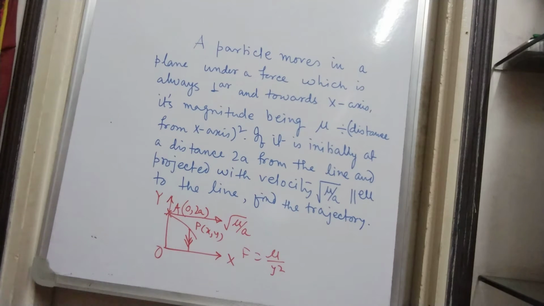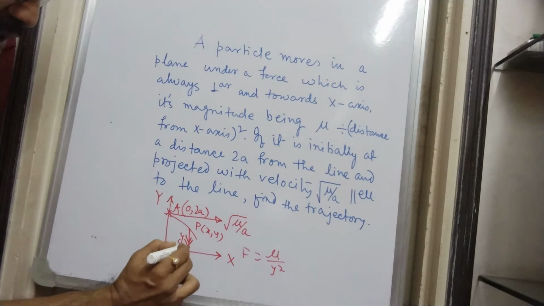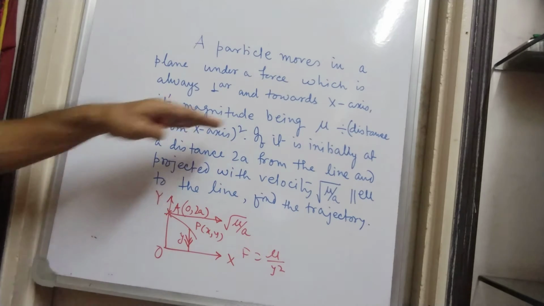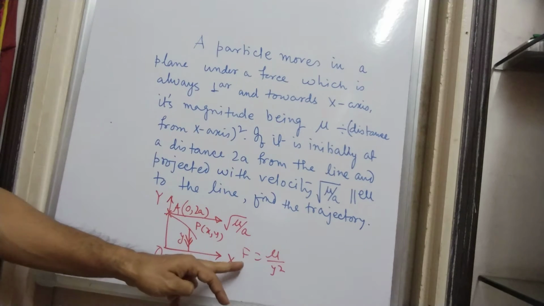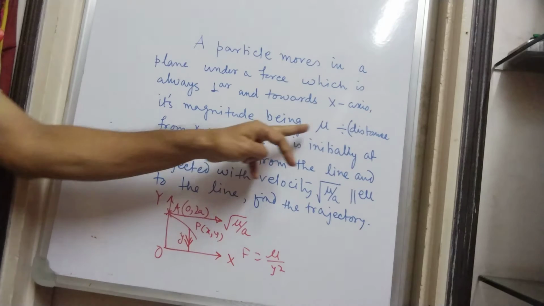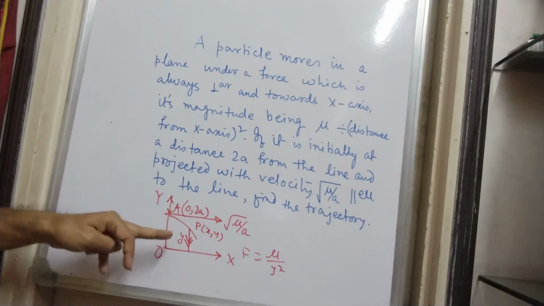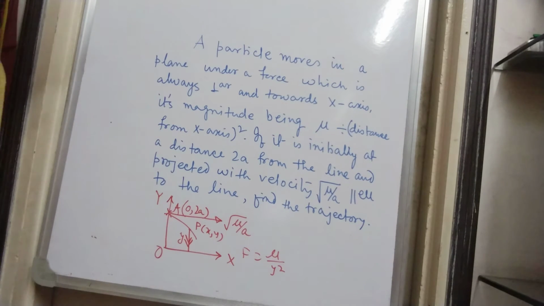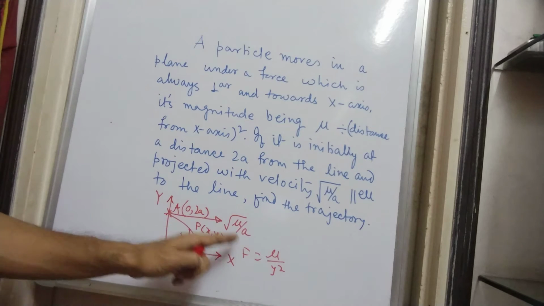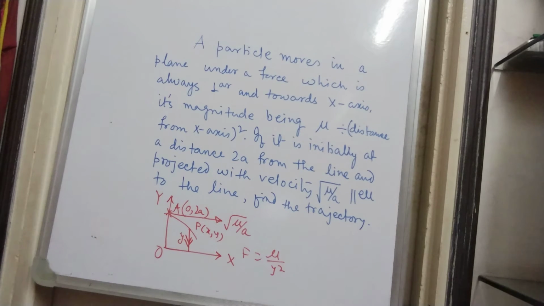Because y is the distance of this point from x-axis, and it is stated here the magnitude of the force is mu by distance from x-axis squared, and distance from x-axis is y. So these are the two basic criteria.